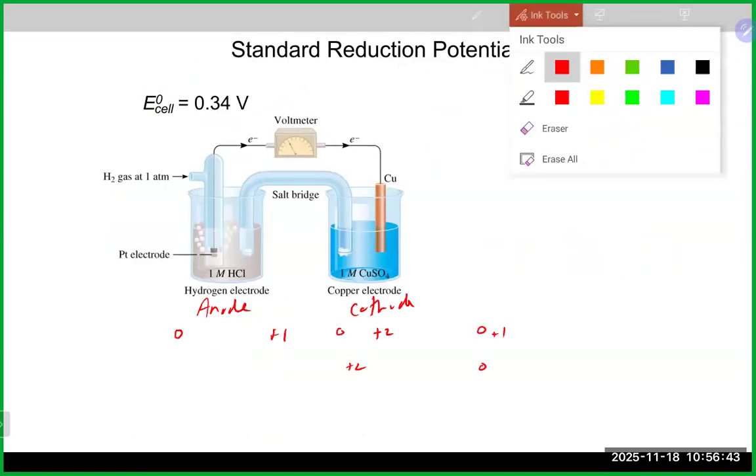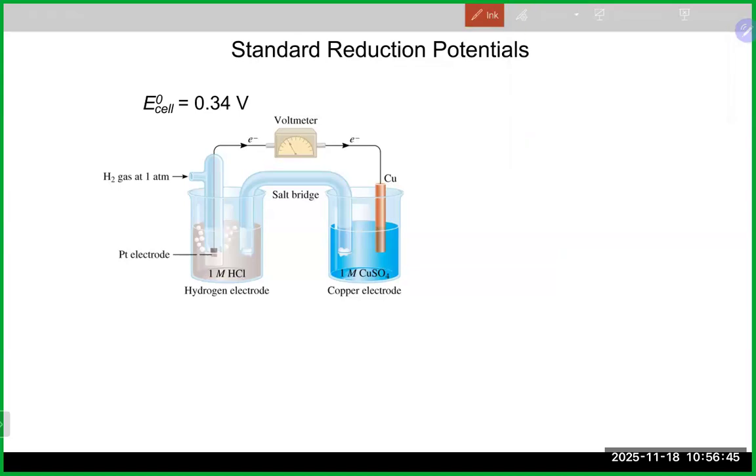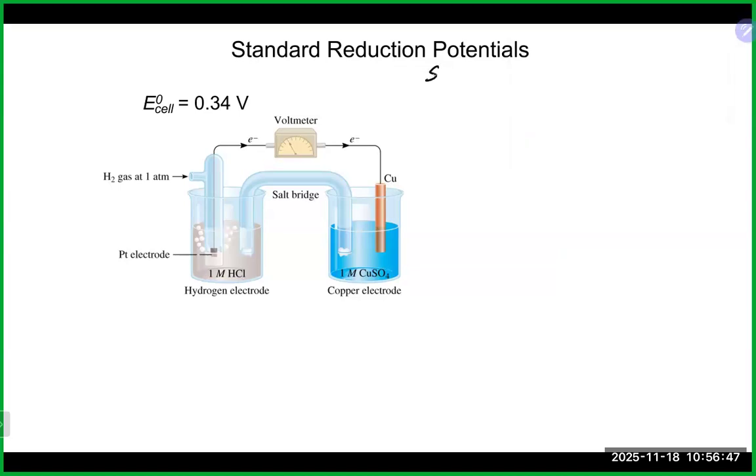So we go to an SRP table here and we find our copper, and it would look like this. And it will have an SRP value of 0.34 volts, right? So positive 0.34 volts.